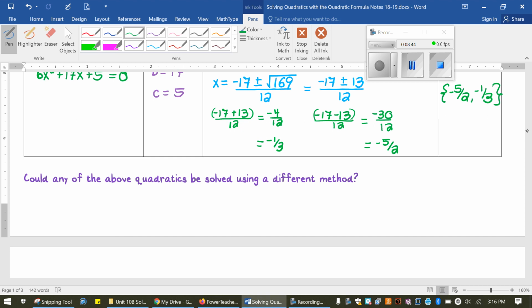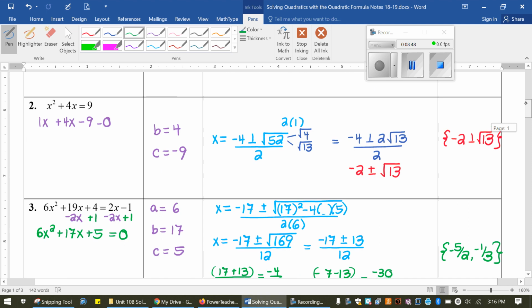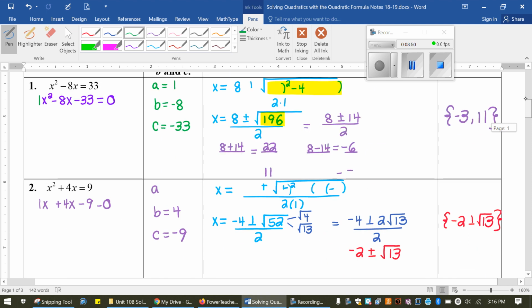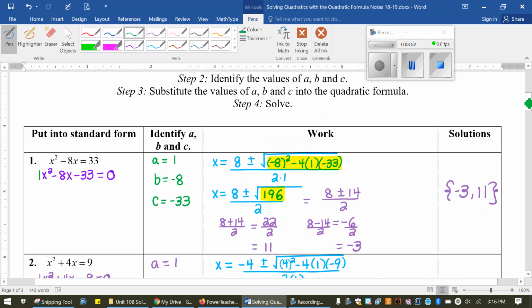So if you look at number 1, you could ask yourself, if we think about that, negative 8 is the sum, and negative 11 plus 3 would work.